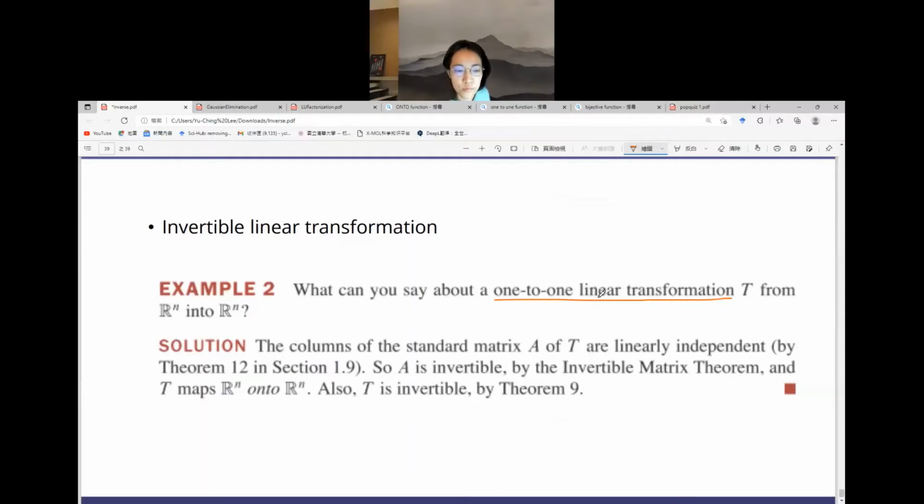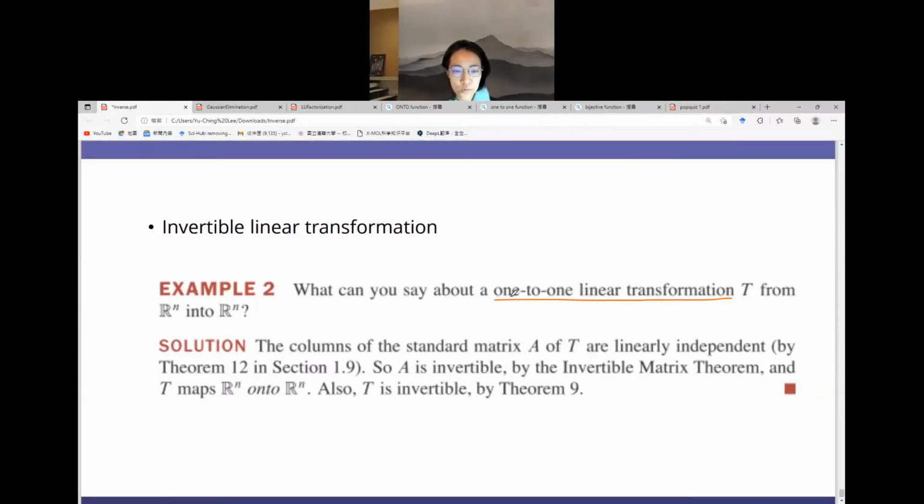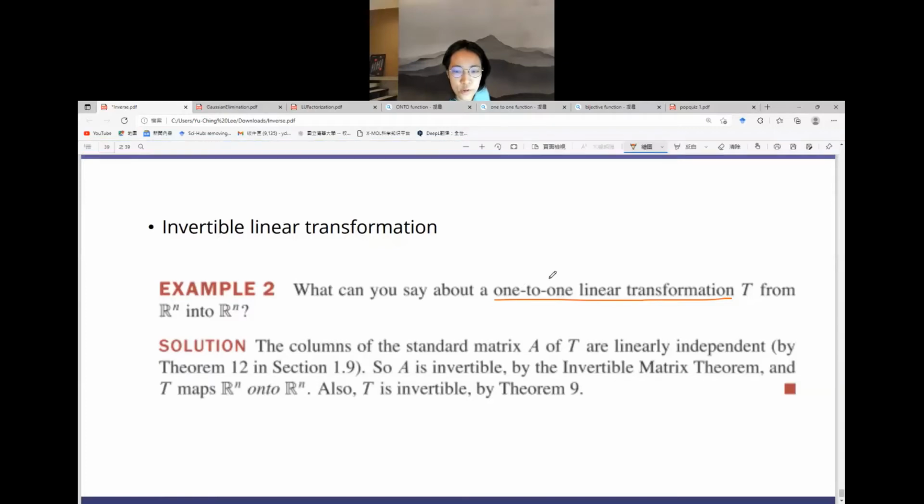All right, so if you still remember, to determine a one-to-one linear transformation, it requires us to check whether the columns of the standard matrix A are linearly independent or not. And since this is one of the statements in the invertible matrix theorem, we can also say A is invertible by the invertible matrix theorem, and also T maps Rn onto Rn.